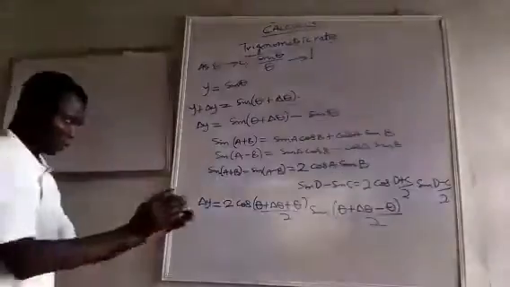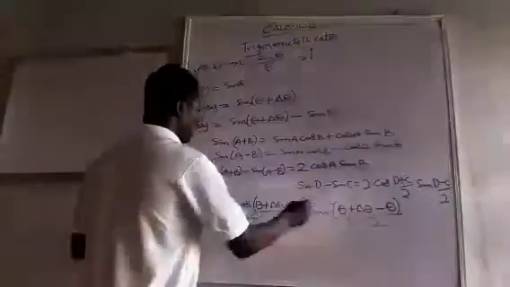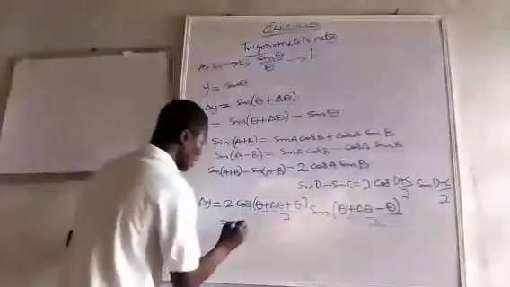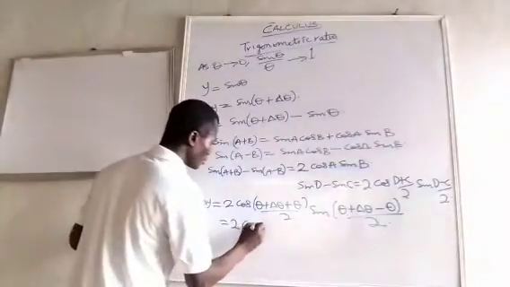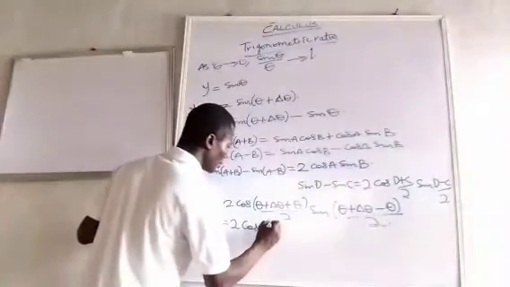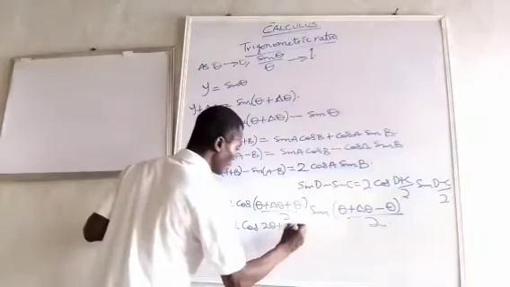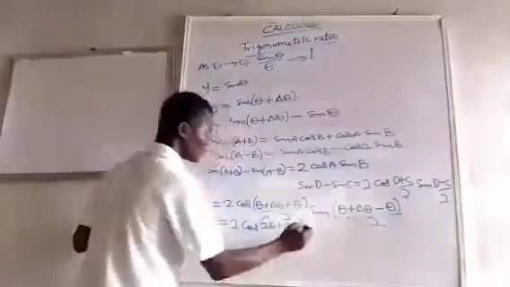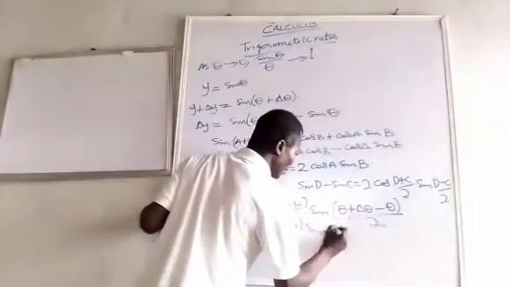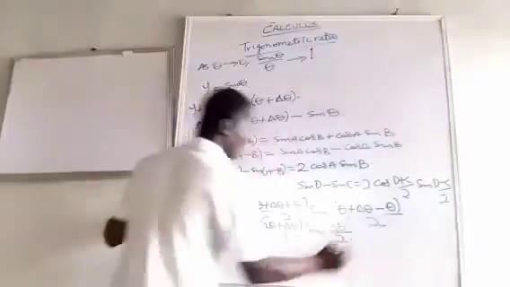You can see the flow. You can feel the flow. Therefore, we are going to have 2 cos of theta plus delta theta over 2, sin of delta theta over 2.